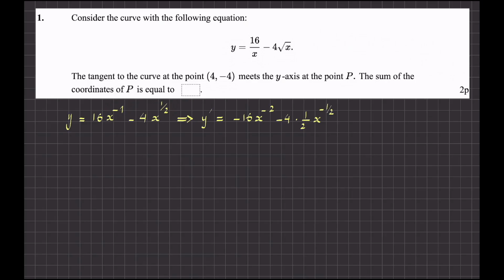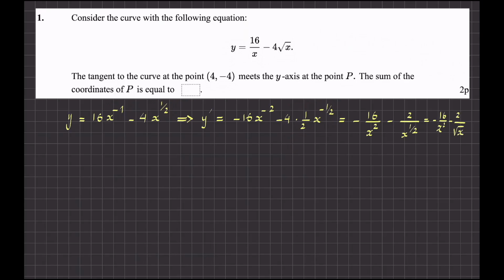I prefer to simplify this as much as I can, so I write -16 and x to the power of -2 in the denominator with positive exponent 2. Here 4 and 2 are simplified, so this is just positive 2, and I bring it down to make it a positive exponent, so it becomes -2 x to the power of 1/2. But x to the power 1/2 is actually the square root of x, so it is preferable to write it in that form.